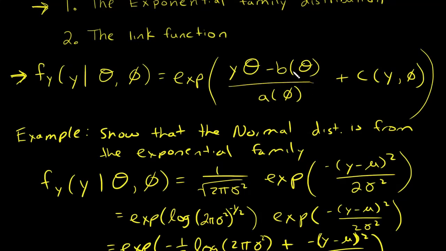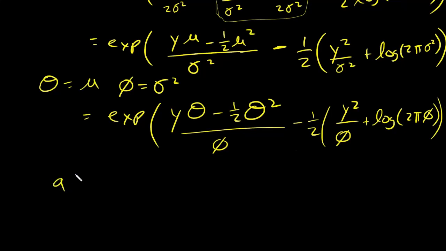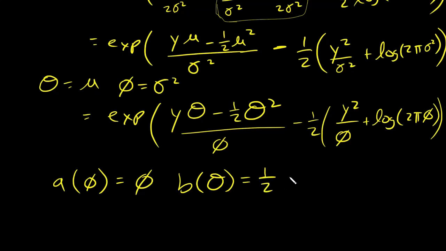So let's go ahead and identify what A, B, and C are. Okay, so A of φ is just this denominator here, which is just φ. B of θ is going to be the second piece right here, this 1/2 θ squared.